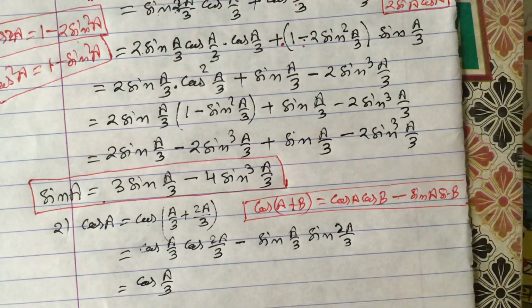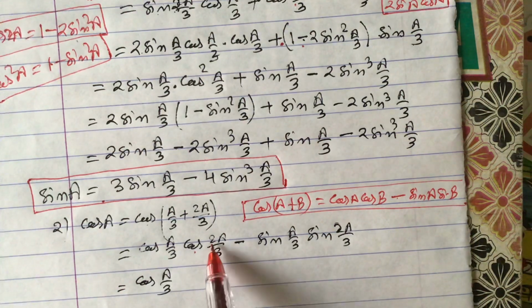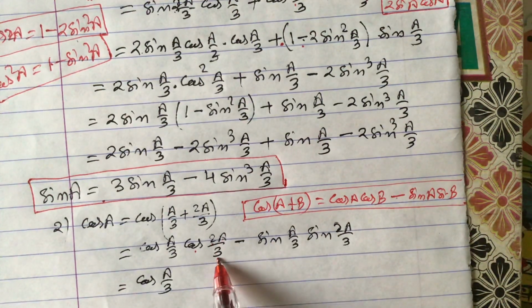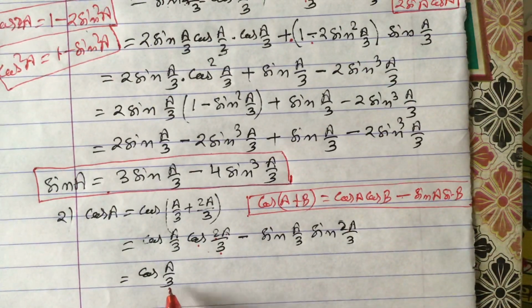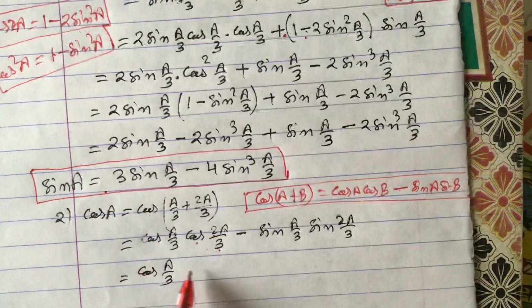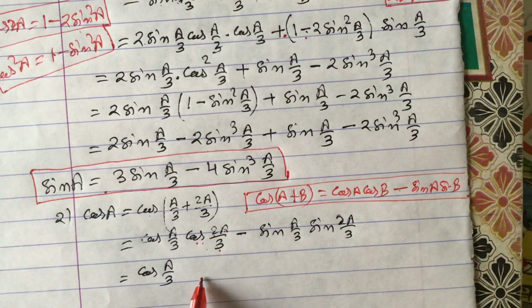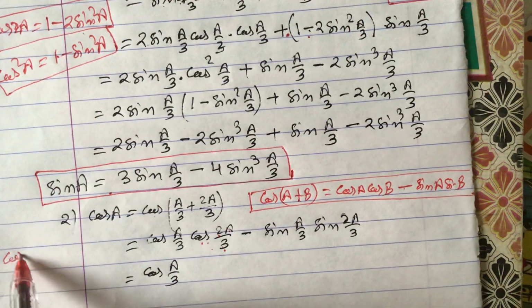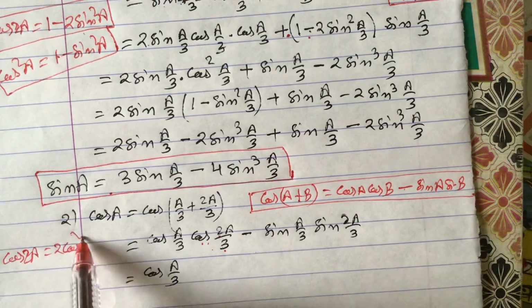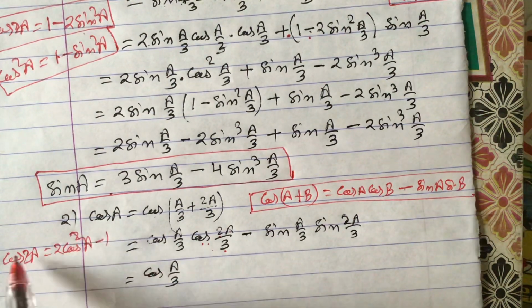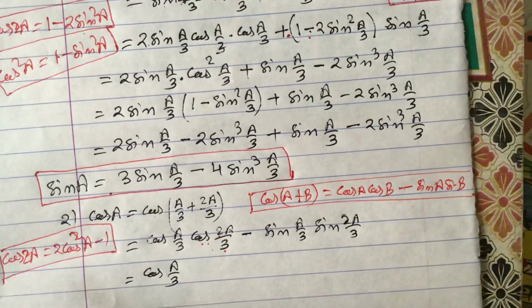Now cos 2A again, see, the cos 2A formula we need to apply. This is, suppose, cos 2 times A by 3 with theta. We need the cos 2 theta formula in terms of cos, because we are going to derive the formula of cos. So we'll put the formula of cos 2A also in terms of cos. That is 2 cos square A minus 1. This is the formula for cos 2A, okay, in terms of cos.